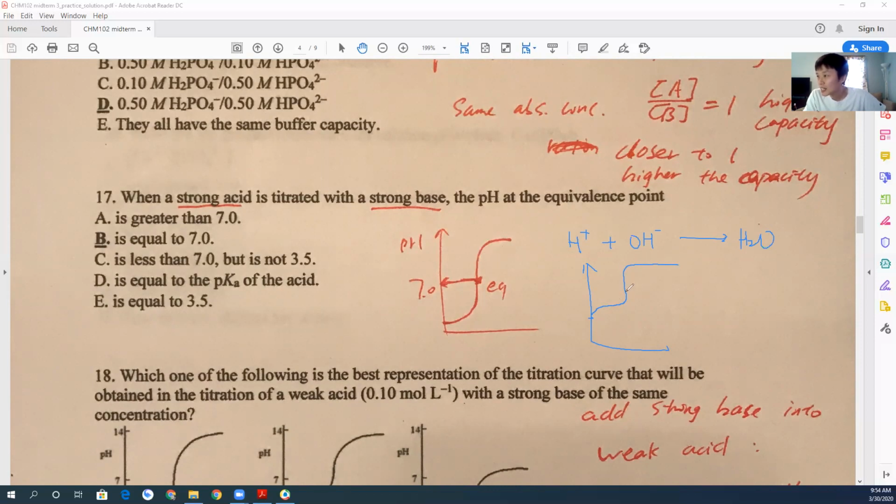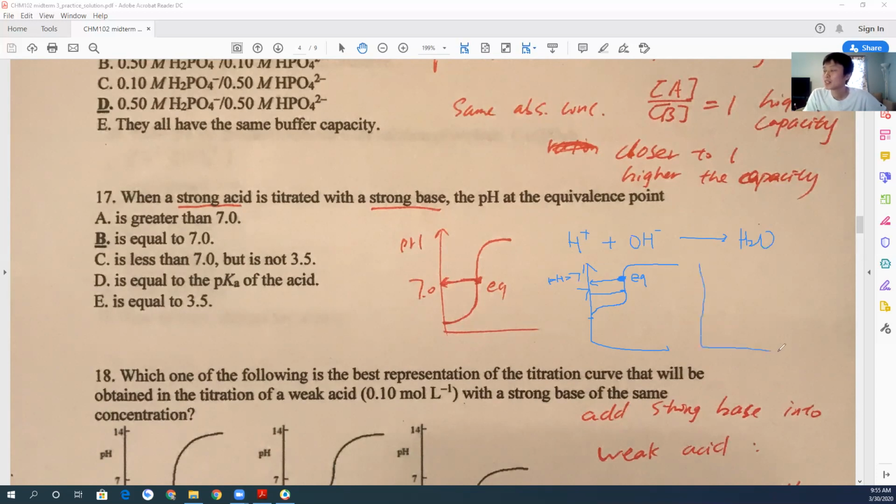So in that case, the equivalence point is going to be greater than 7, because at the equivalence point, all the weak acid has been converted to its conjugate base. That conjugate base is a weak base, so it will be basic, meaning pH is greater than 7.